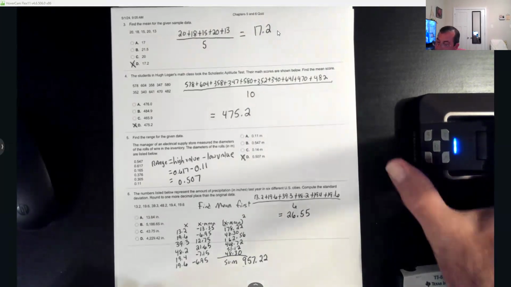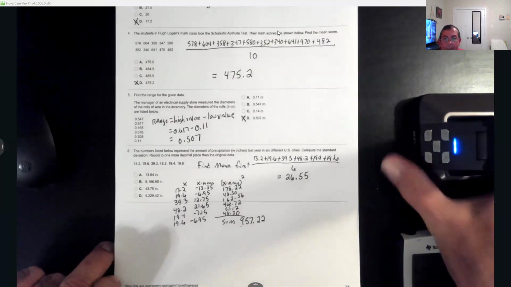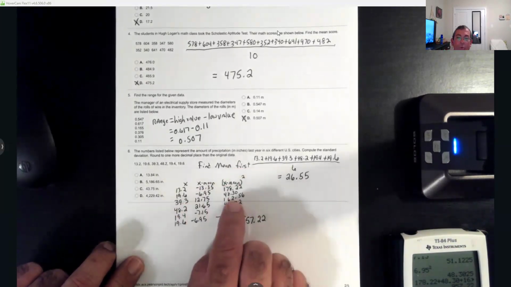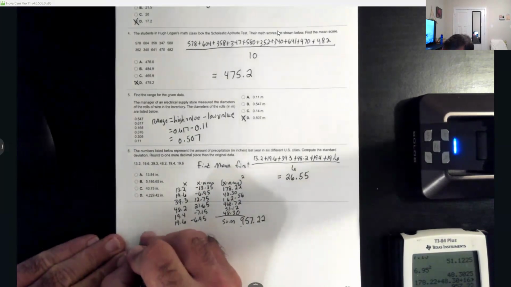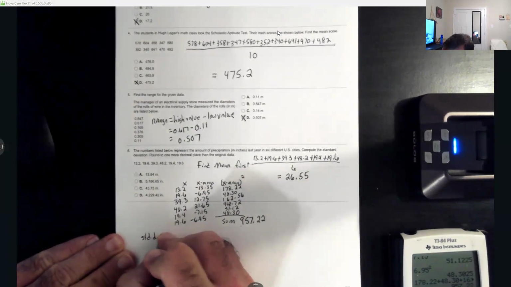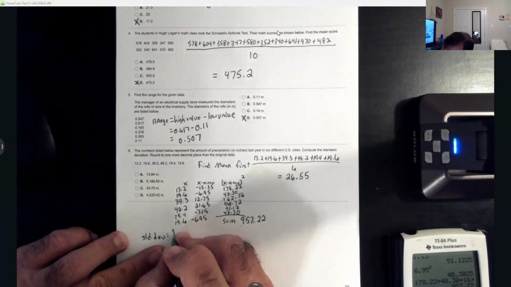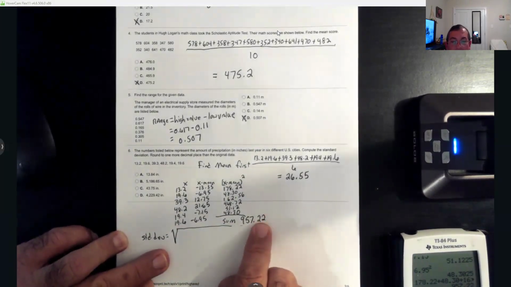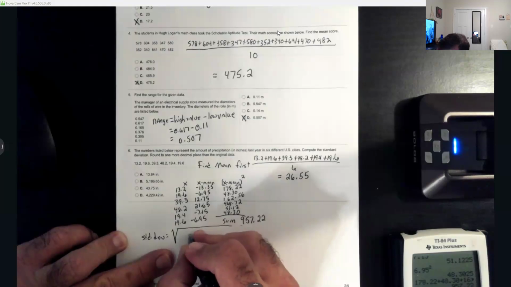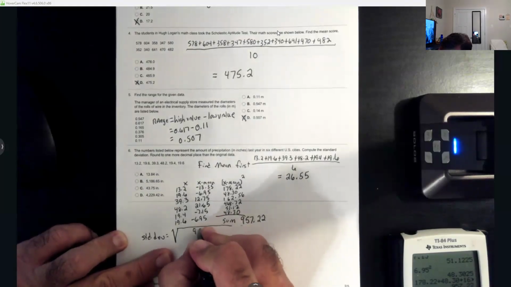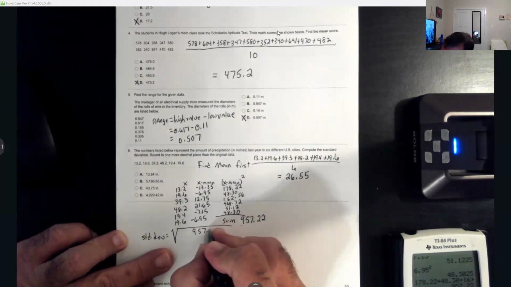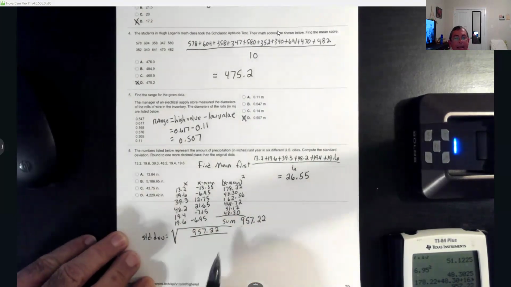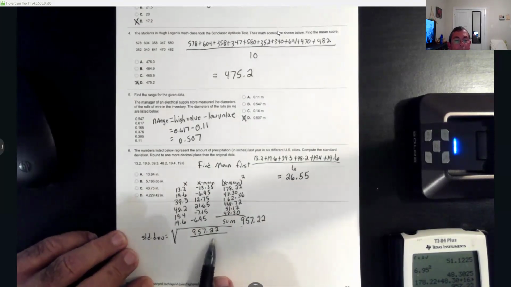All right, y'all. So I now have the sum of all these x's minus their mean squared. So for our standard deviation, that equals the square root of this sum, 957.22, divided by n minus 1 on the bottom.